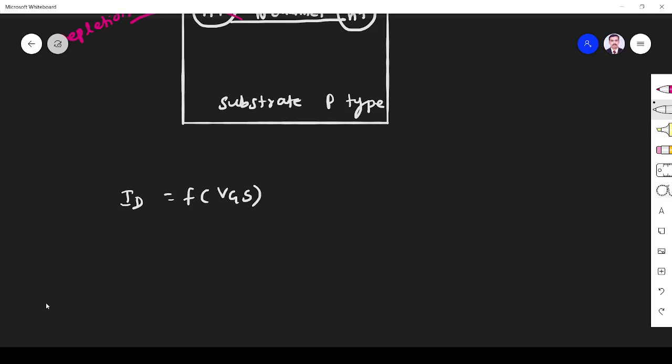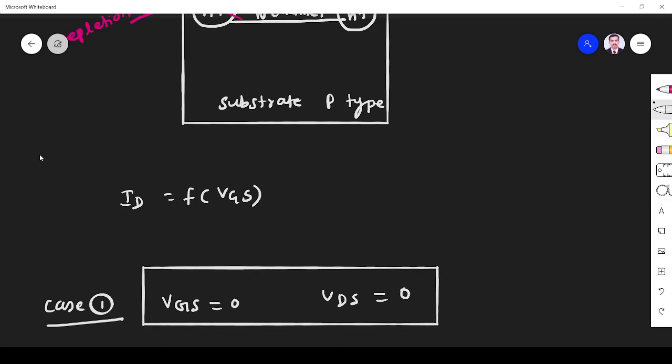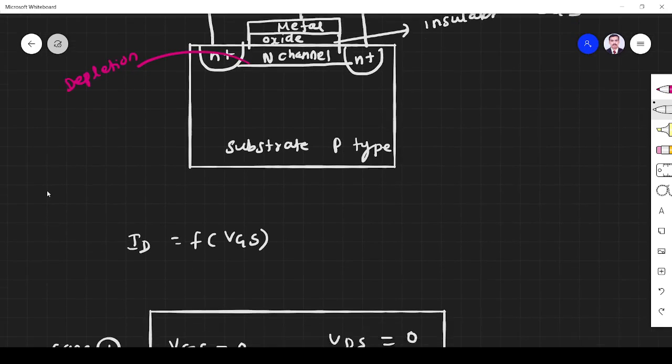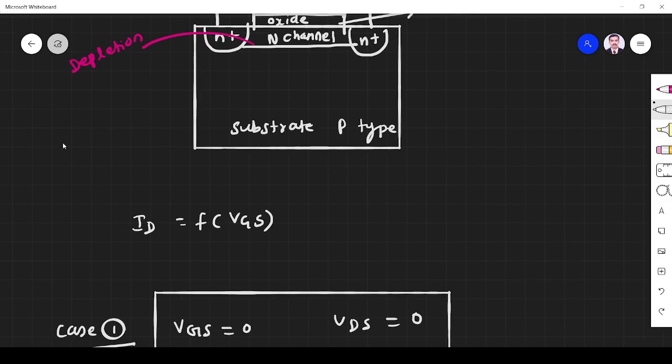So depending on these parameters, let us see how the MOSFET works. In case 1, I assume that VGS, the gate to source voltage, is equal to 0 and VDS is equal to 0. When VGS is 0 and VDS is 0, what will happen? Using this diagram, when VGS is 0, that means I didn't apply any potential, so there is no source.